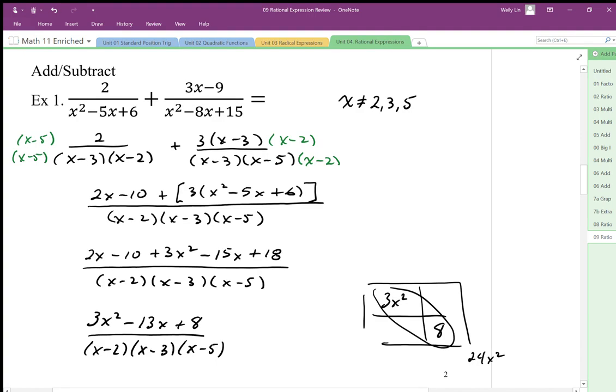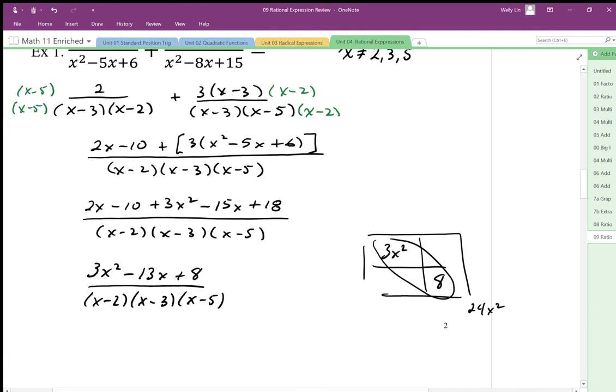Actually, that doesn't exist, does it? So 6 and 7, 8 and 9, no, those are all not going to work. 10 and 3, 2 and 11, 1 and 12, they don't work. So this is not factorable, so we will leave that as is.